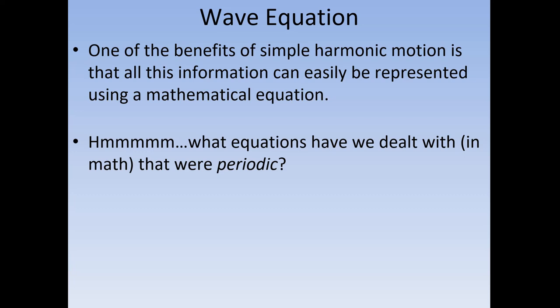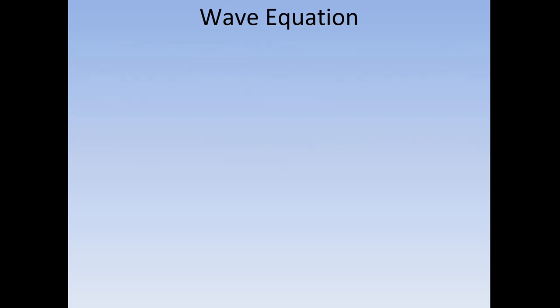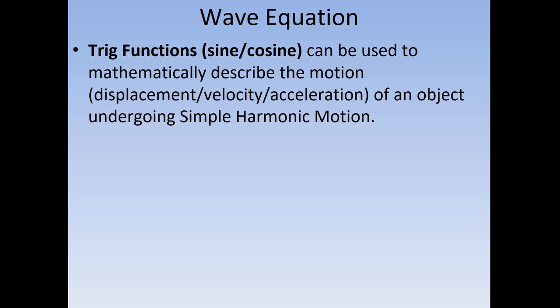If you think back to math, there's only one equation that makes sense, a trig function. Something like sine or cosine is an equation that repeats itself over and over and over again. And it turns out that displacement, velocity, and acceleration for pretty much any object undergoing simple harmonic motion can be represented with some sort of sine or cosine curve.